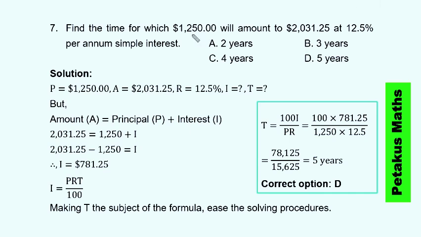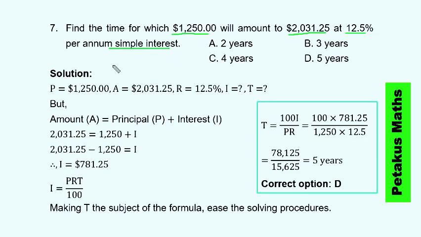Question 7. Find the time for which $1,250 will amount to $2,031.25 at 12.5% per annum simple interest.